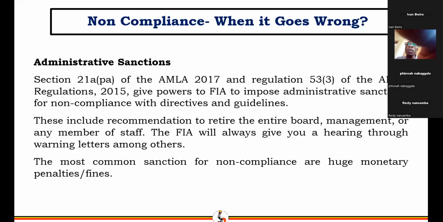The presentations will be shared with you at the end of this workshop. Someone's asking if we can share with them suspicious countries. I think there is a UN sanction list of jurisdictions.